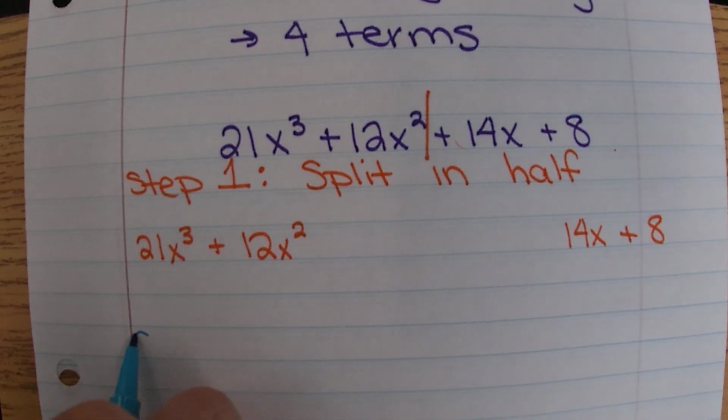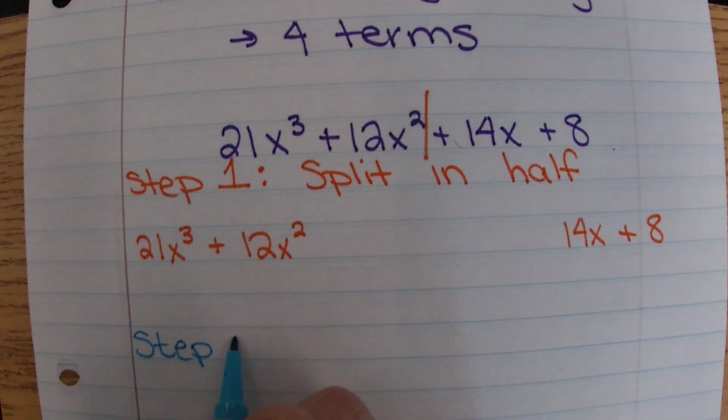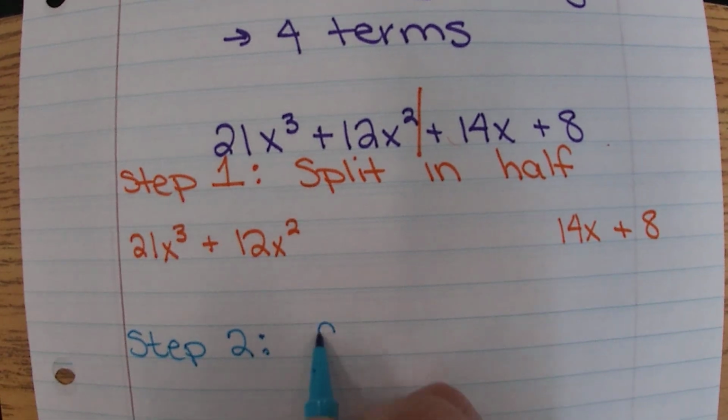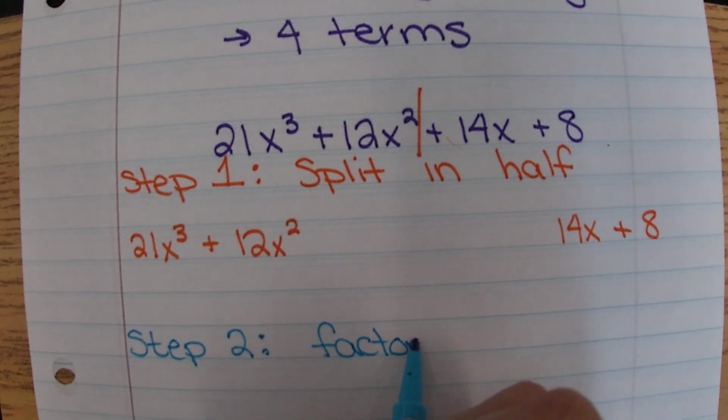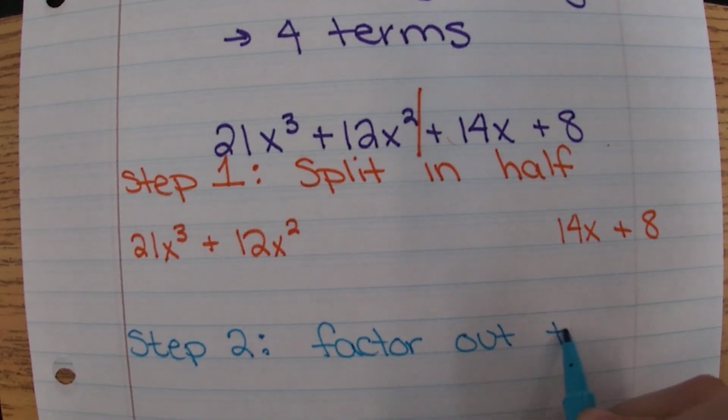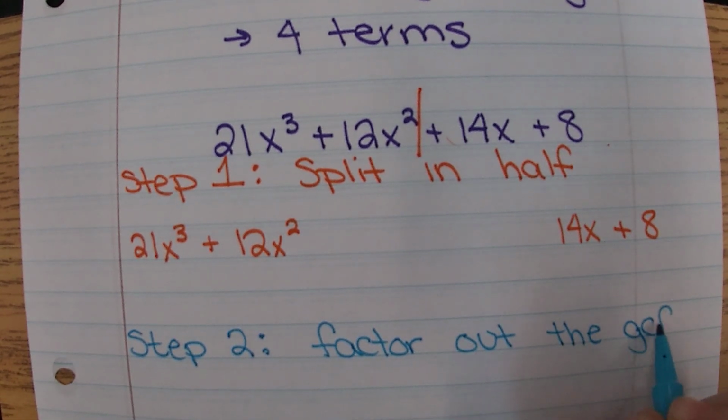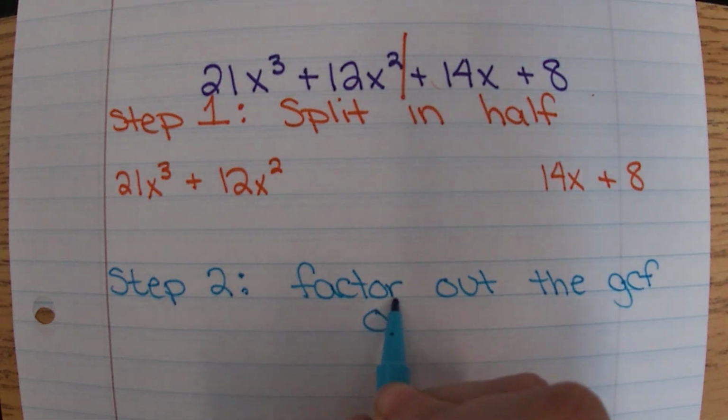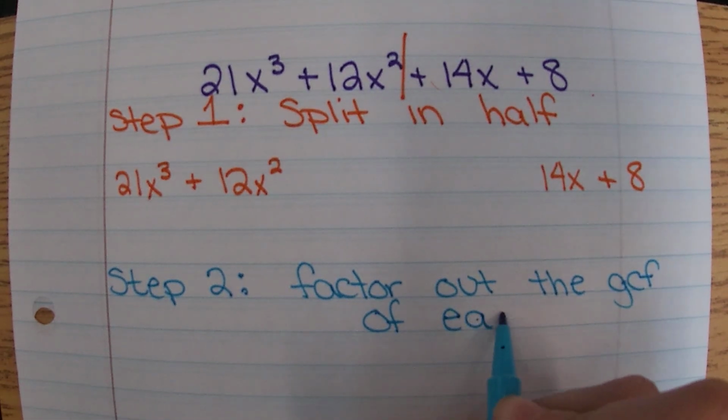Step 2 is going to be to factor out the GCF of each of these.